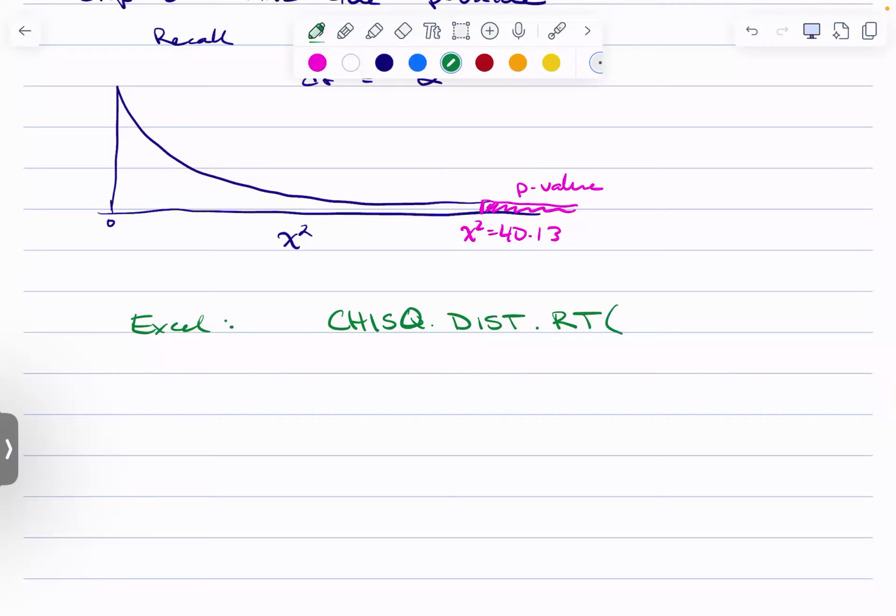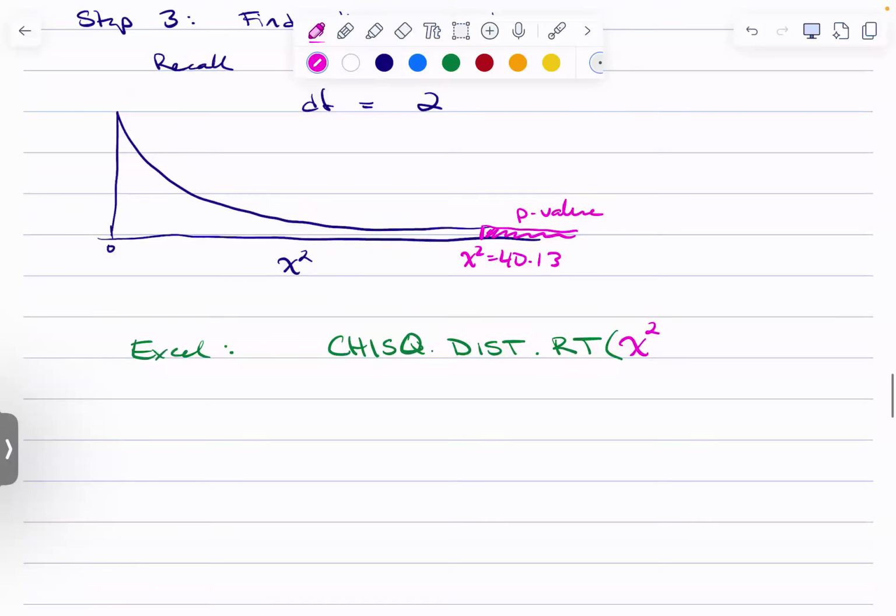Here, it's going to take your chi-squared, and then it's going to take your degrees of freedom. It needs to know what shape it's working with. What's cool about the chi-squared is, unlike the normal distribution, which needs to know the center and the spread, those two parameters, the chi-squared only needs to know the degrees of freedom, and then it knows what shape to take on.